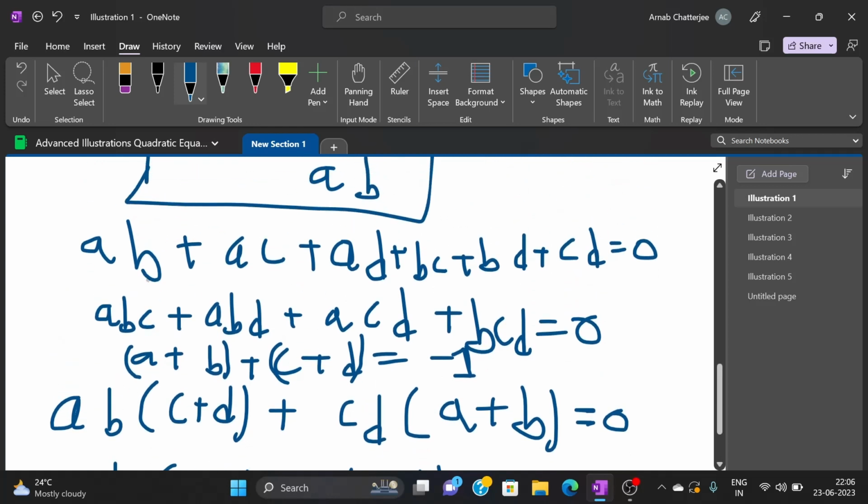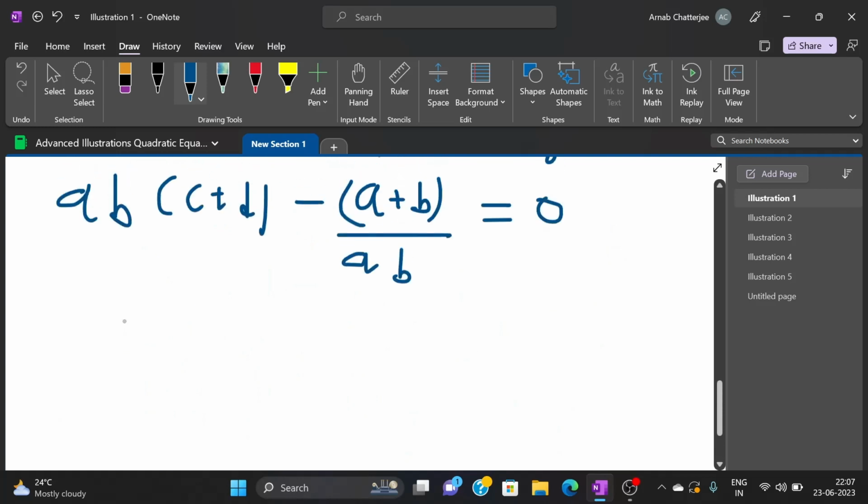Alright. Now let us try to do something with this equation also, the equation given in the first equation, right? So from the first equation, I can see that I have AB and CD. So I will take them all together.